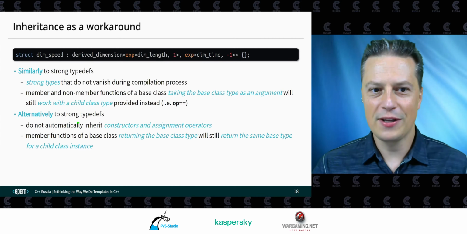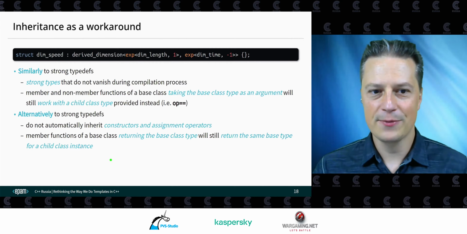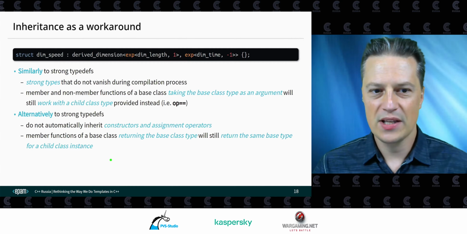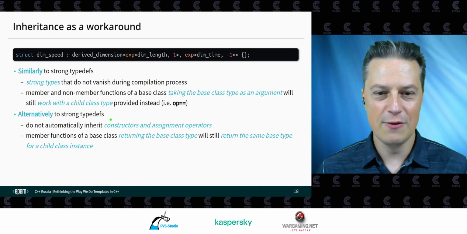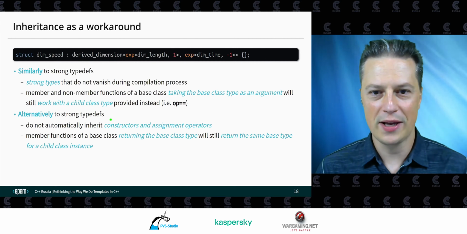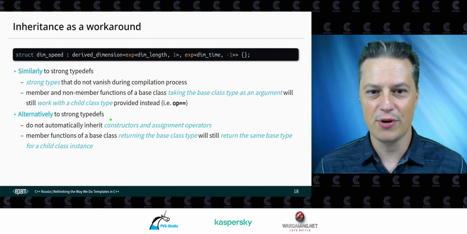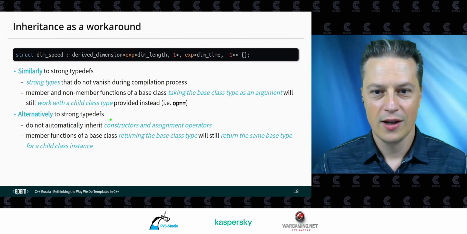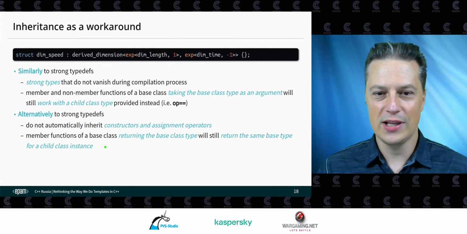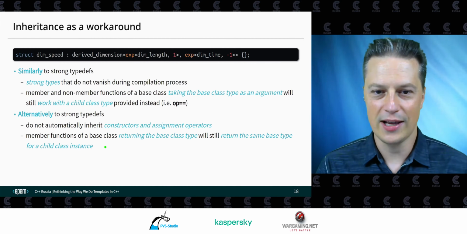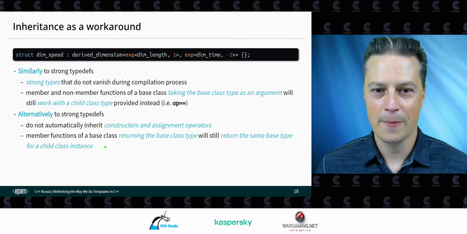However, what is different from typedefs is basically that we don't inherit all of the constructors and assignment operators. Even if we do using on constructors, we may have some problems and we will not get assignment operators from the base class. And also you have, for example, a function foo in a base class that returns the base class, like maybe some factorial function.